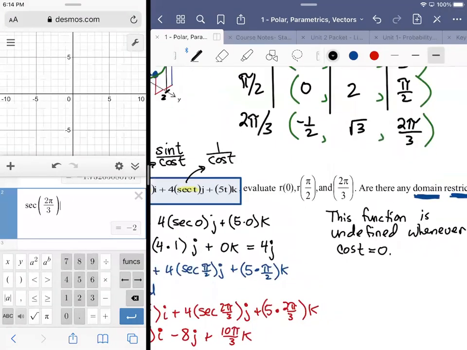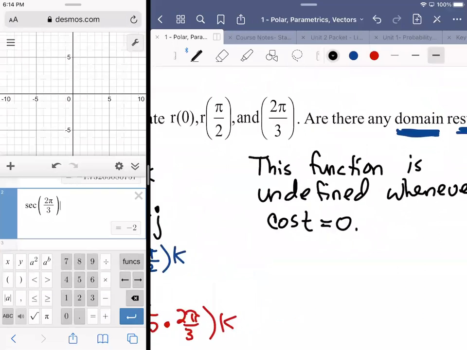That happens, so I can solve this, t equal to the inverse cosine of 0 would be any value of t that puts the unit circle really on the y-axis. So that's pi over 2, 3 pi over 2, 5 pi over 2, 7 pi over 2.